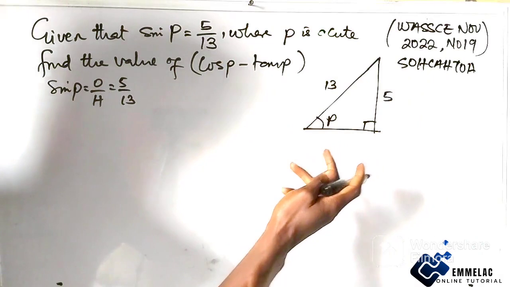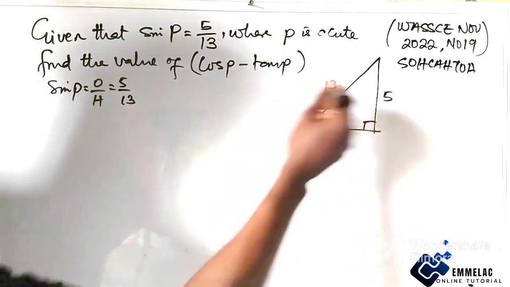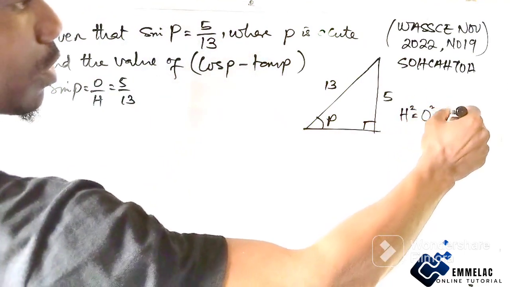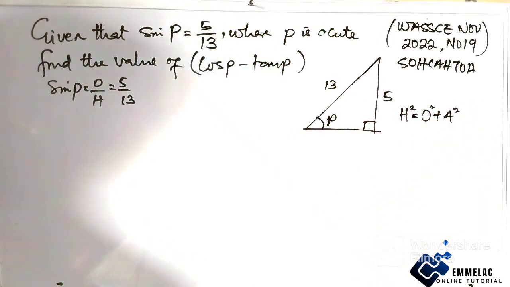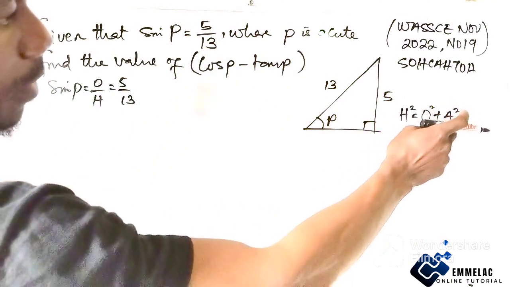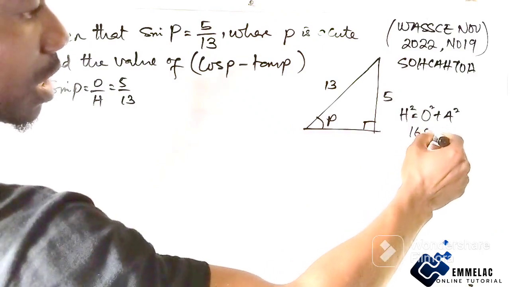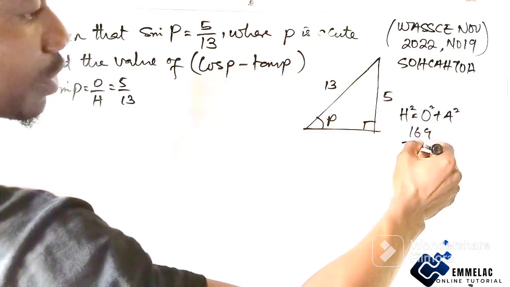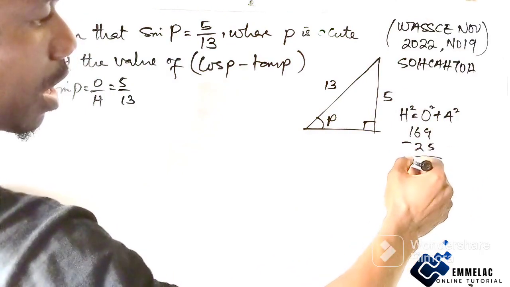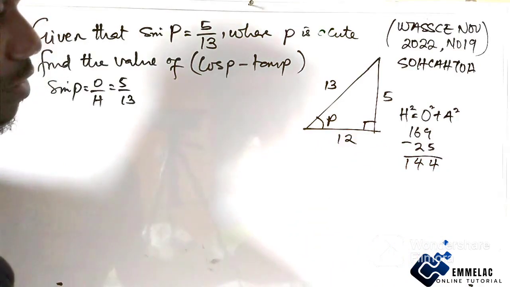If we use the Pythagorean theorem, the hypotenuse squared equals opposite squared plus adjacent squared, and we know the hypotenuse is 13 and the opposite is 5. So the adjacent squared will be 169 minus 25, which gives us 144, and the square root of this gives us 12.